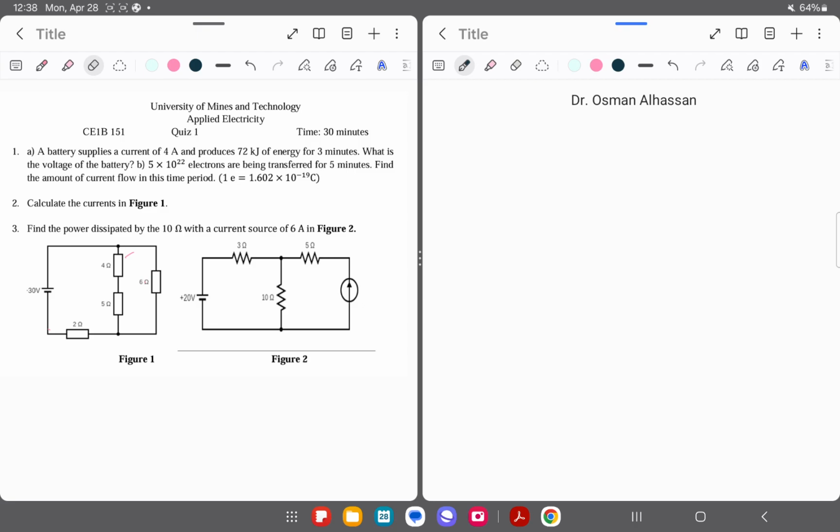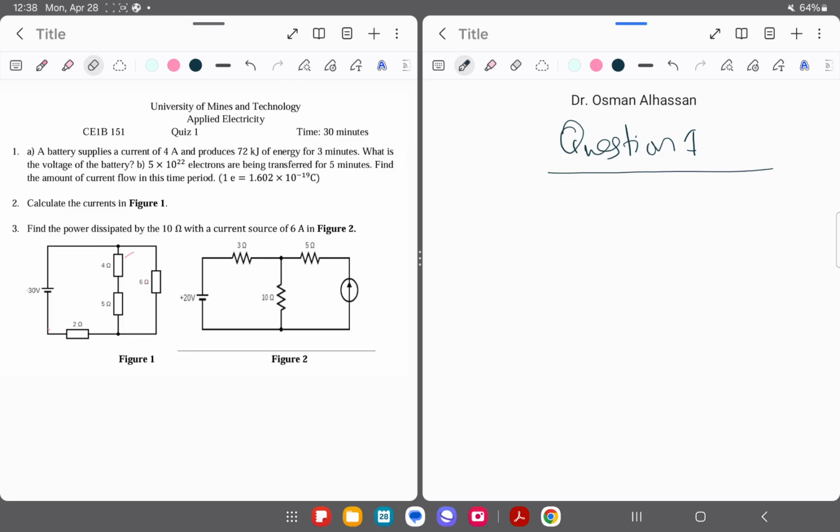So we have the first question. I have question 1 here. A battery supplies a current of 4 amps and produces 72 kilojoules of energy for 3 minutes.